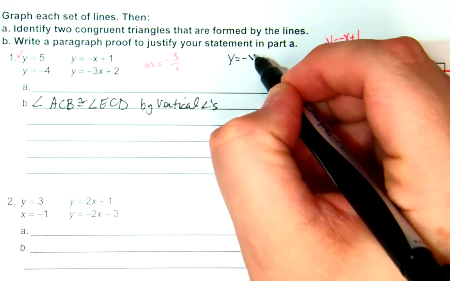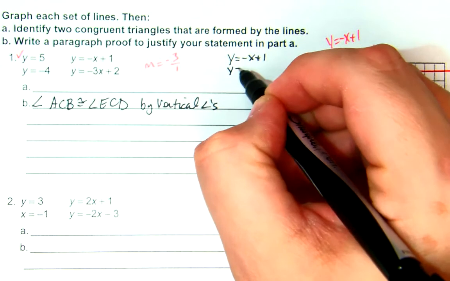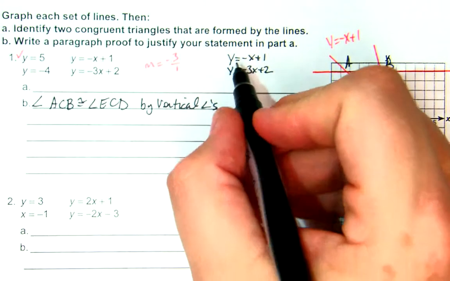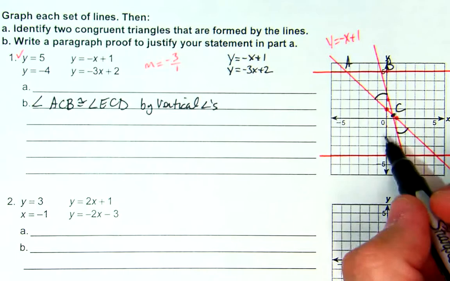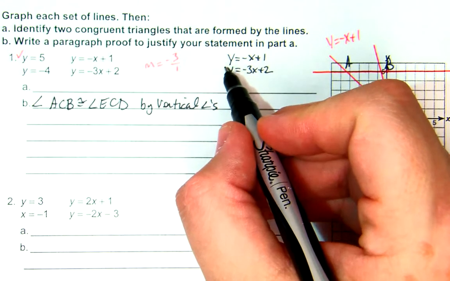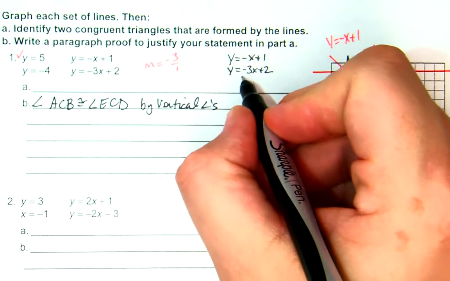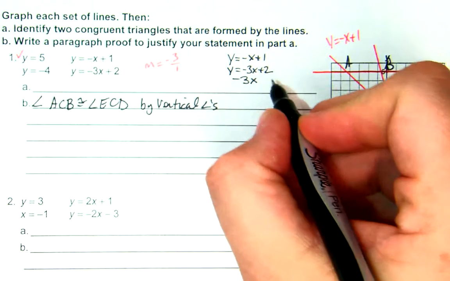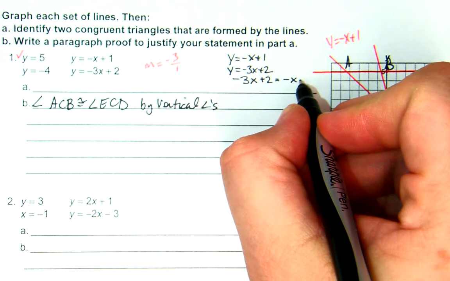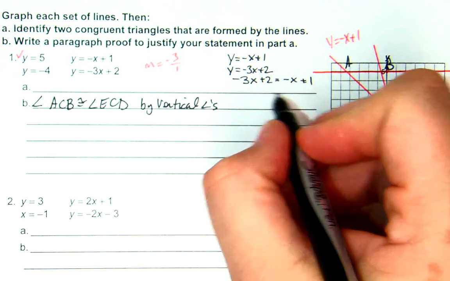So what we can do is find the intersection point here of this triangle, and you can get y equals negative x plus 1, y equals negative 3x plus 2. And if we find an intersection point, these two should be equal to each other. So y should be equal to y. So negative 3x plus 2 should be equal to negative 1x plus 1.